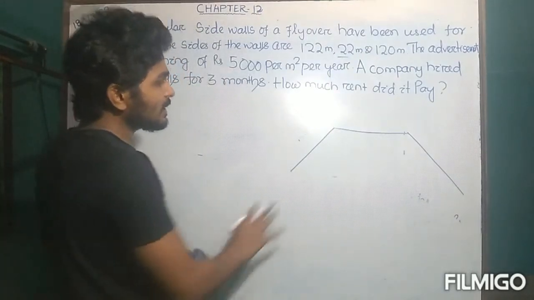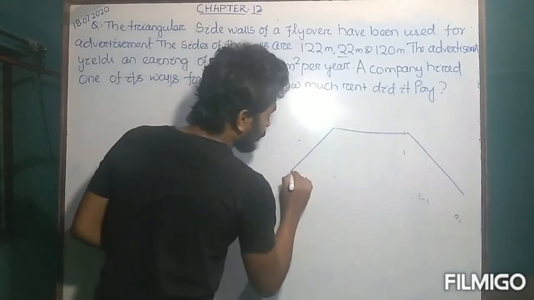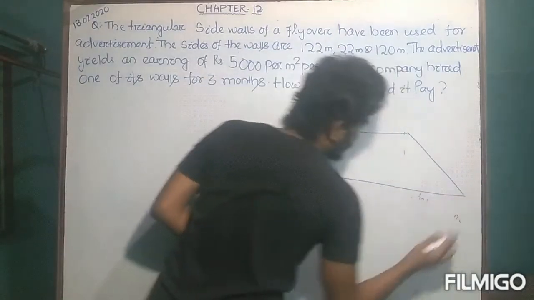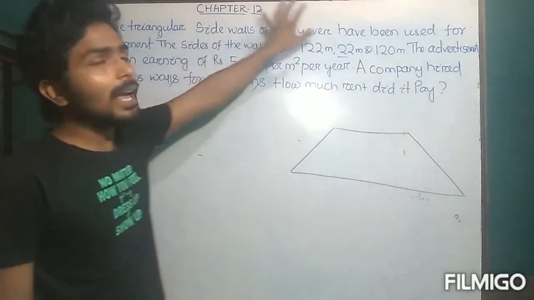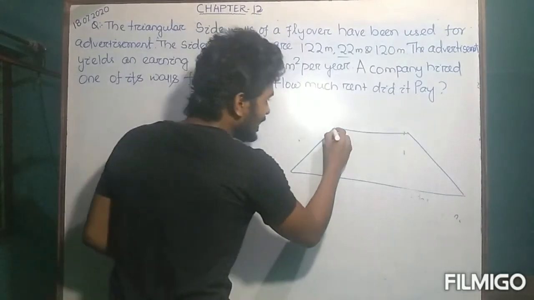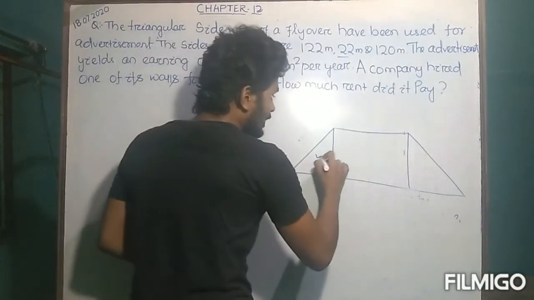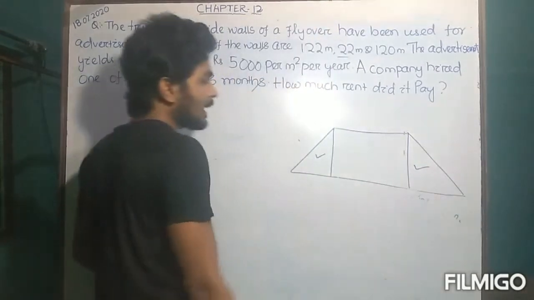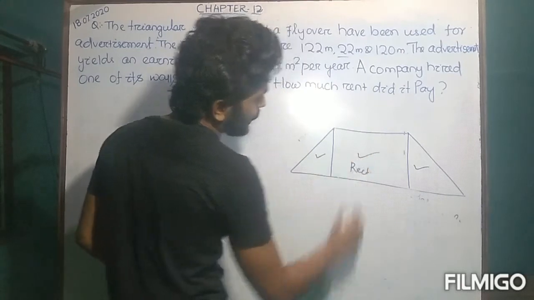Clear? And these are the side walls of the overbridge. Now, the triangular side walls of the flyover bridge. Suppose this is the base. Then you can see there are 3 side walls: these are the 2 triangular side walls, and in the middle there is a rectangular side wall.